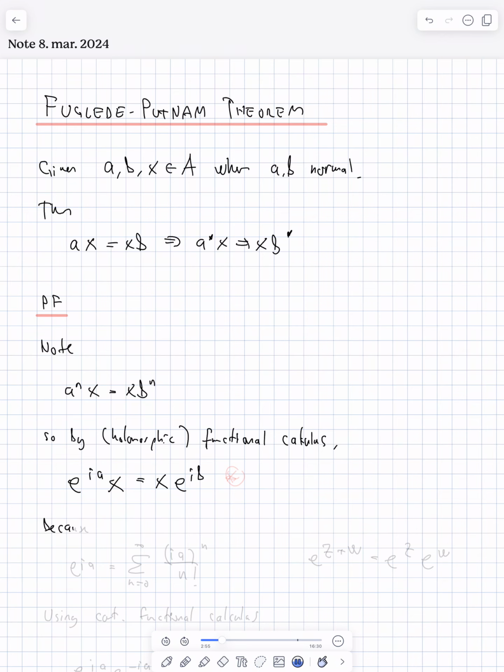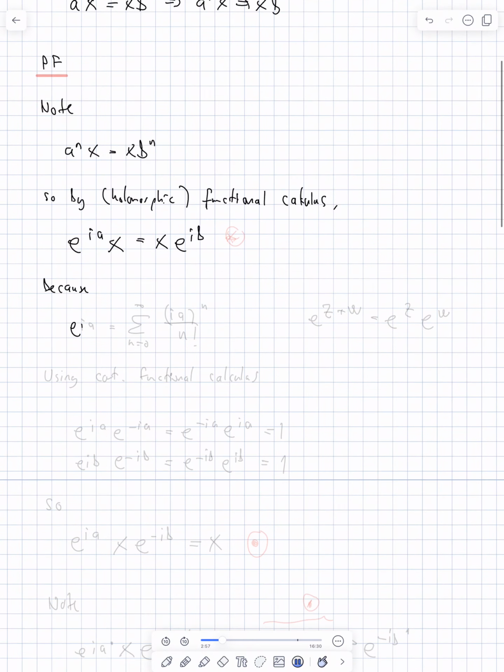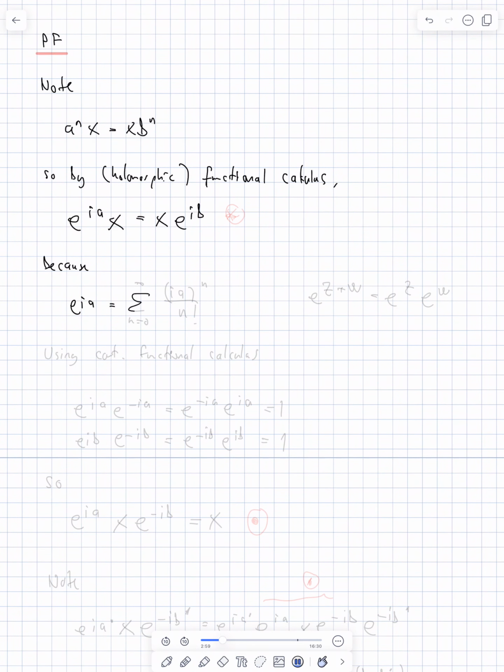And of course, the point is that e to the IA we can define by plugging into the standard power series for the exponential function. And then the point is that whenever I have a power of A to the left, that's the same as having the same power of B to the right.